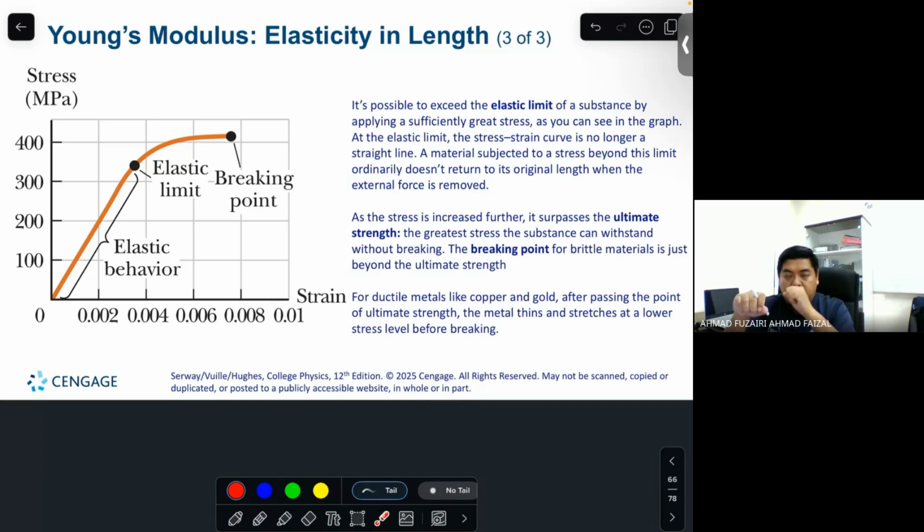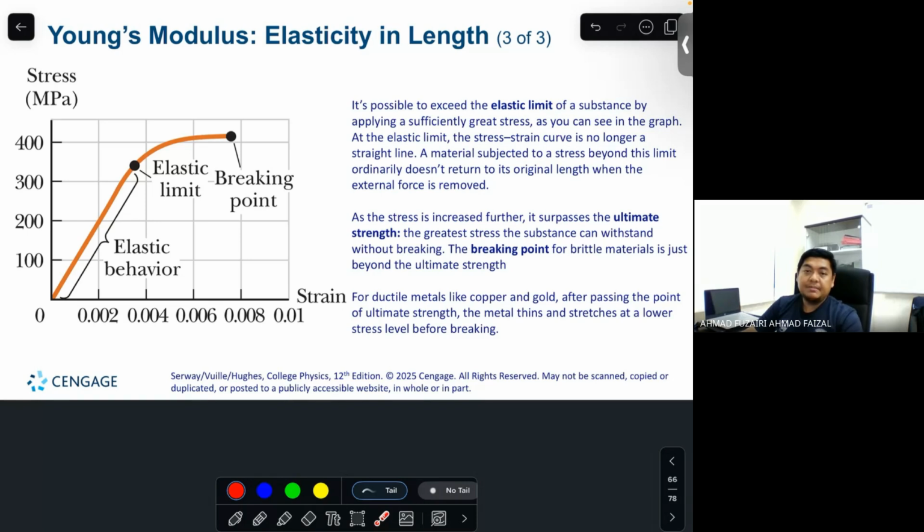If we try to put more stress, imagine we have a machine pulling iron, after a while it will become thin, and finally after a certain level it will break. And this is a very high value of stress and strain. It's not that we just pull it by ourselves, not like that. That's what we call ductile material.